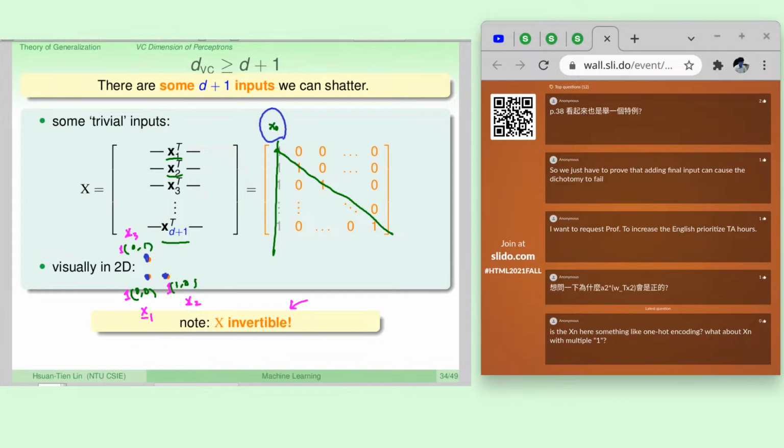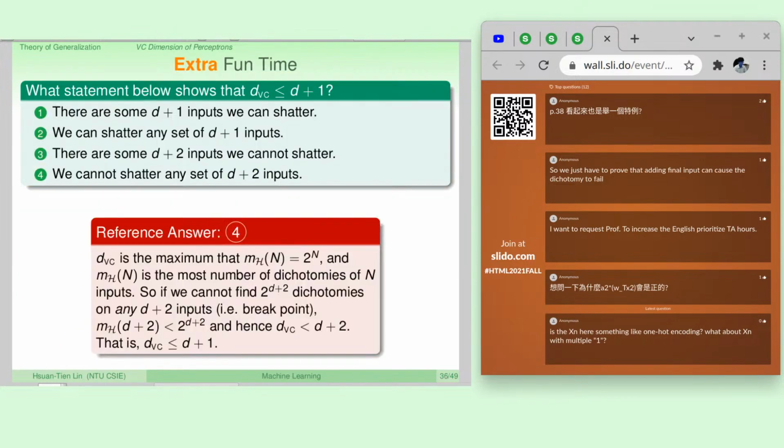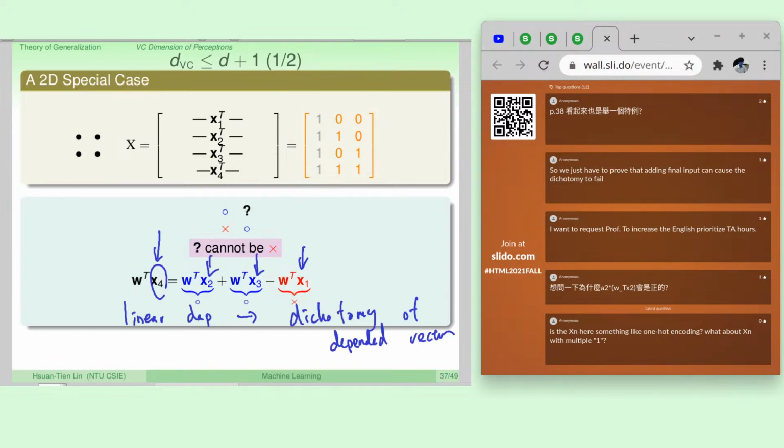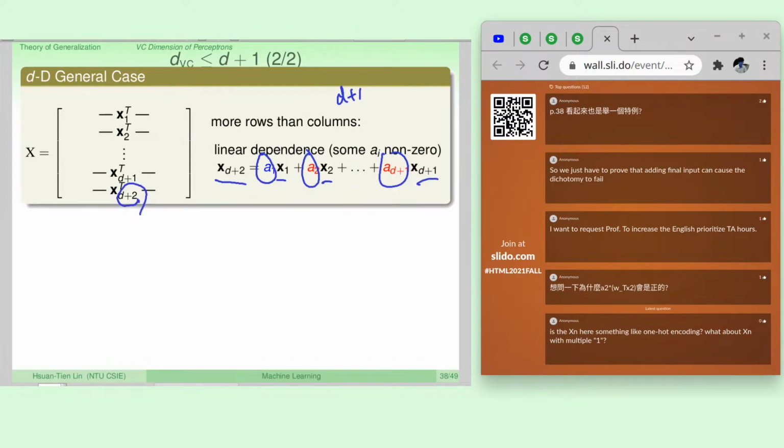Page 38 seems to be a special case too. That's a very good comment. Actually, page 37 is a special case, while on page 38, we are intending to use this proof for all general cases. The special case in the previous page was meant for building our physical understanding of the problem, while for this general case, I'm writing down x1, x2, up to x d plus 2, not with any special values, any general values.